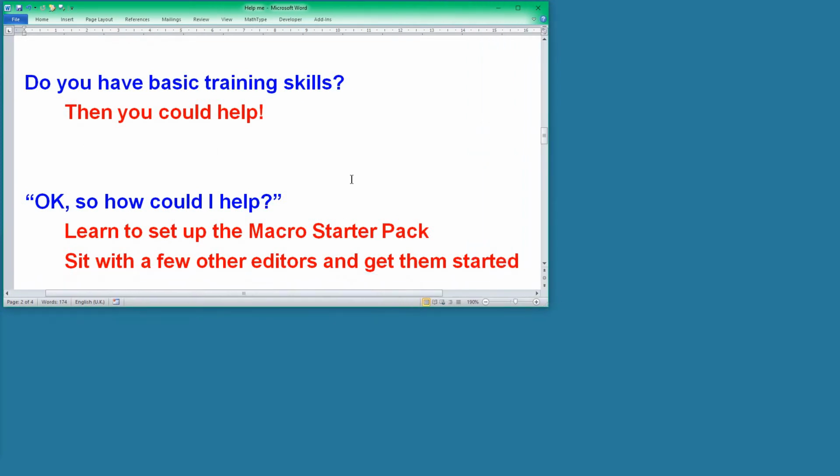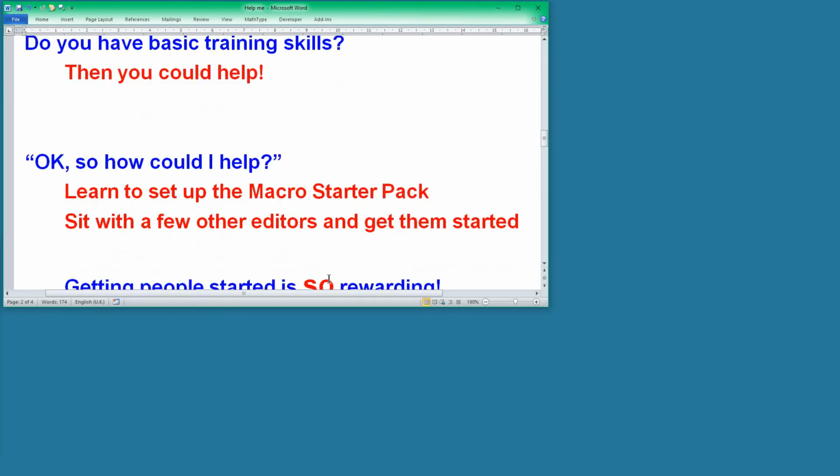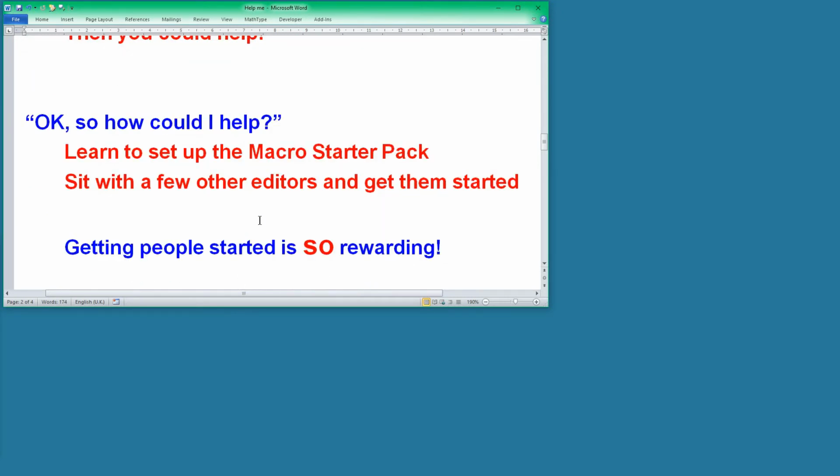Well, if you get to know the macro starter pack, if you learn to set it up, which is a pack which gives a whole set of sensible starter macros that people can use, then if you know how to load those up, and it's not complicated, there's only half a dozen instructions, then you can sit with some other editors and help them to get started, because it's that personal contact which is helpful to them, rather than watching a video or reading the instructions on a computer.